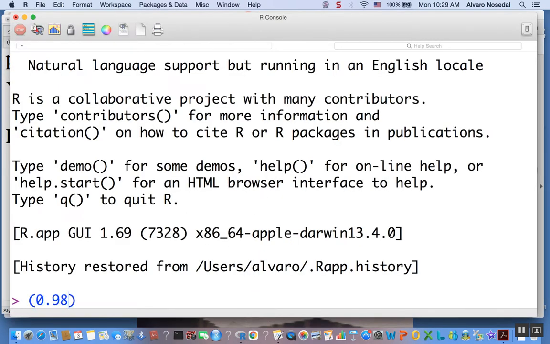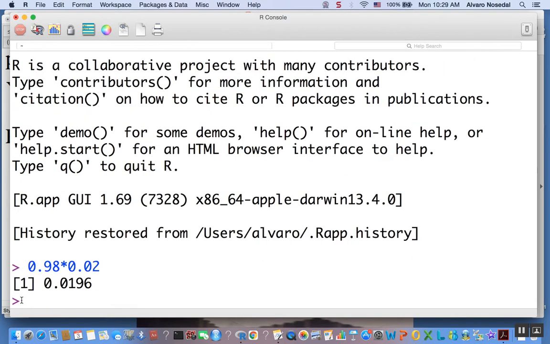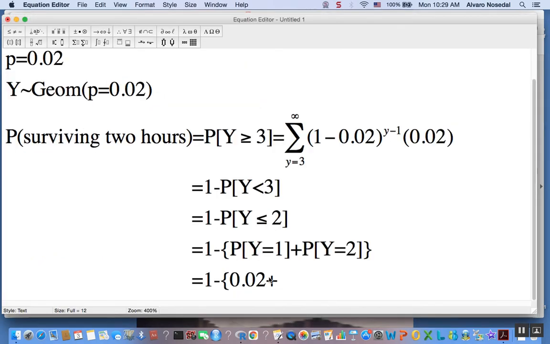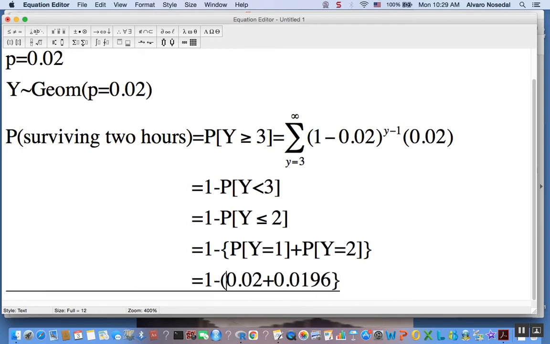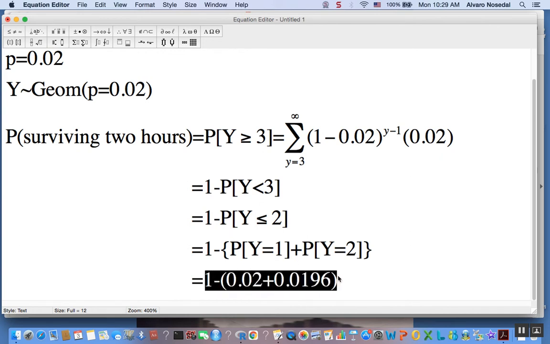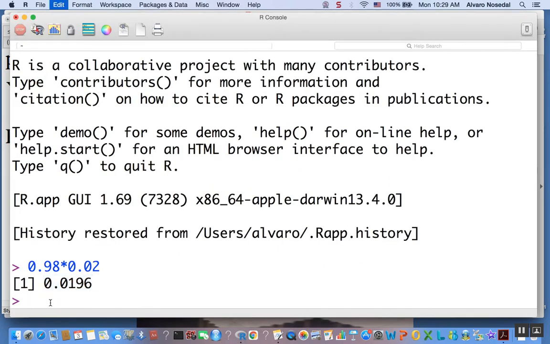So 0.98 times 0.02. Let me copy paste this so we can get our probability.